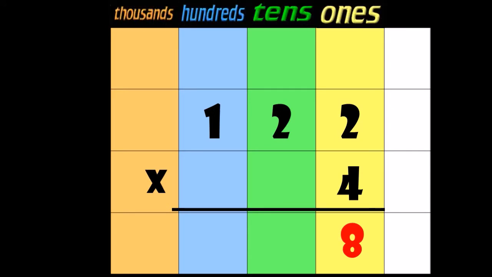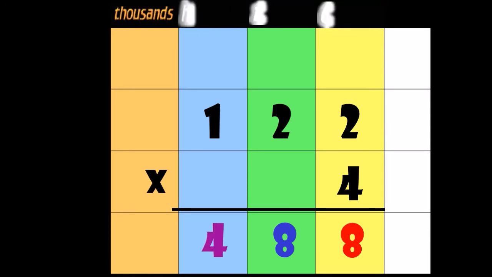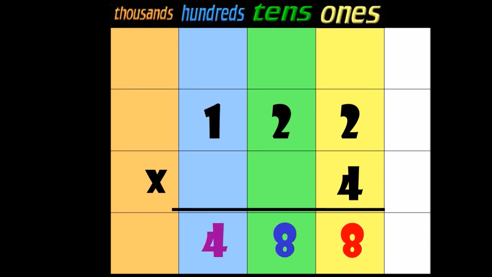The same 4 times the 2 in the tens place would be 80, so we put an 8 in the tens place. And the 4 times the 1 in the hundreds place is 4, representing 400. My estimated product of 400 seems reasonable, with my answer of 488.